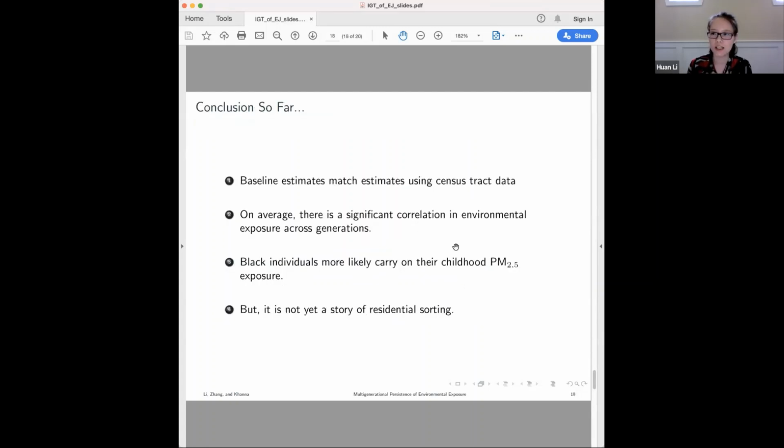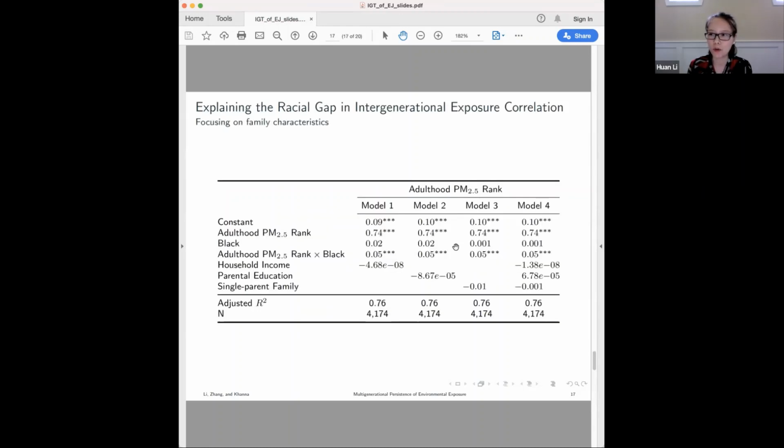As I said, this is just a recent work, and we just use these regressions to motivate our paper to say, hey, there is intergenerational correlation in terms of environmental justice.